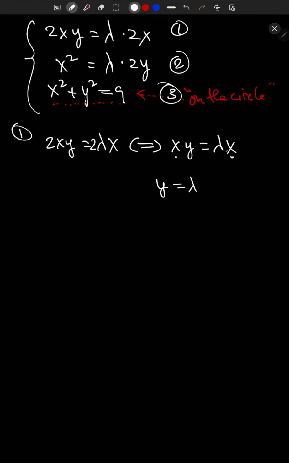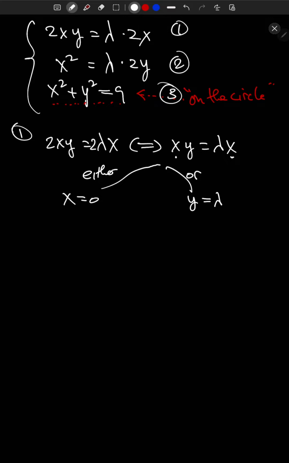So if you see this, there's 2 ways to kind of write this out. You can say either x equals 0, or if x is not 0, then you can cancel for sure, right? Because if x is not 0, you can divide by x on both sides, all right? Or y equals lambda.